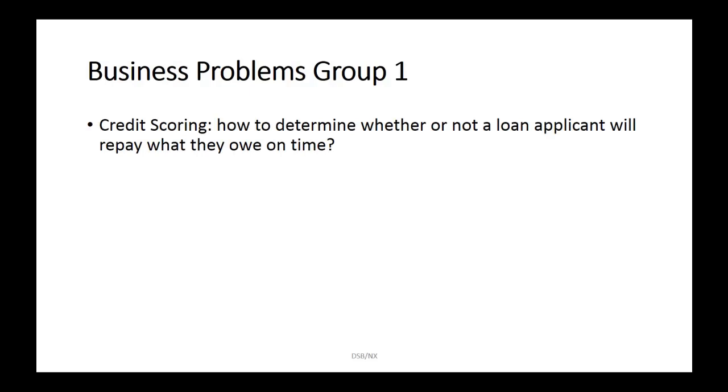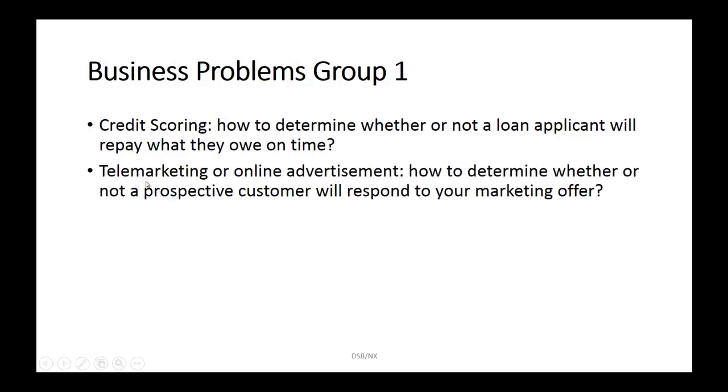There are many business tasks that can be cast into the exact same problems as credit scoring. Here we are lumping them into business problems group 1. Again, the credit scoring problem: how to determine whether or not a loan applicant will repay what they owe on time. From the field of telemarketing or online advertisement, how to determine whether or not a prospective customer will respond to your marketing offer.